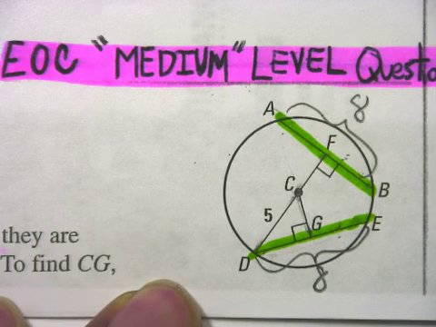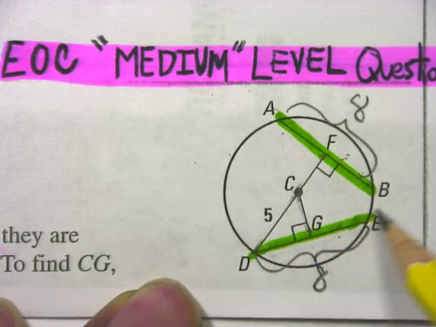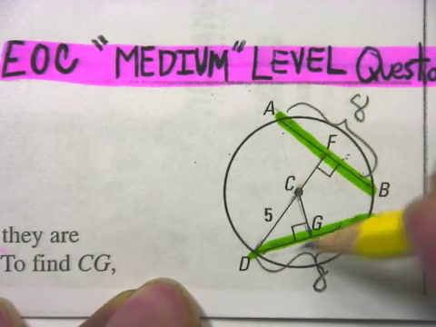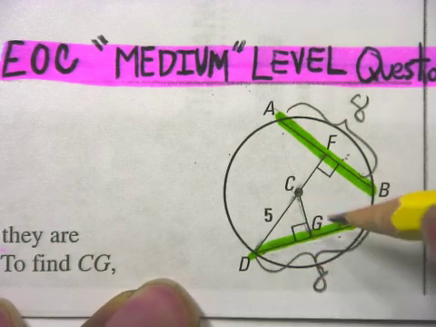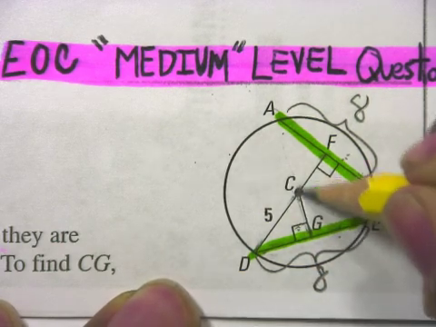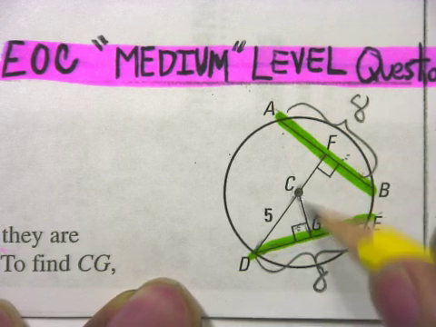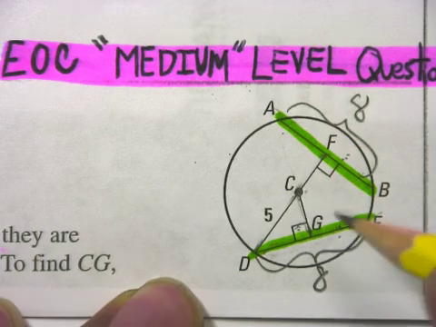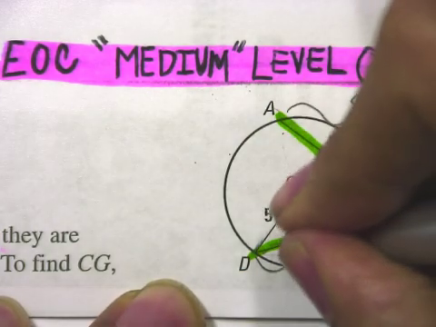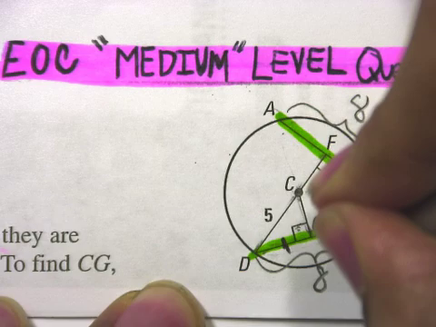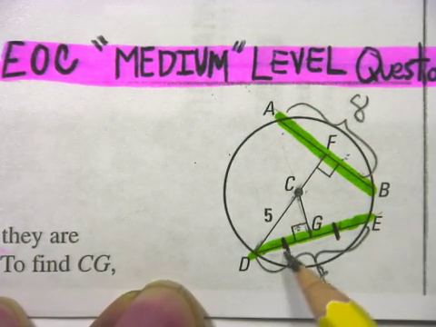Now, how can I find C to F? Would you agree with me that if I knew CG, then I know CF? So the question becomes, how do I find CG? Well, I know that DE is 8. And I also know that chord DE is perpendicular with CG.